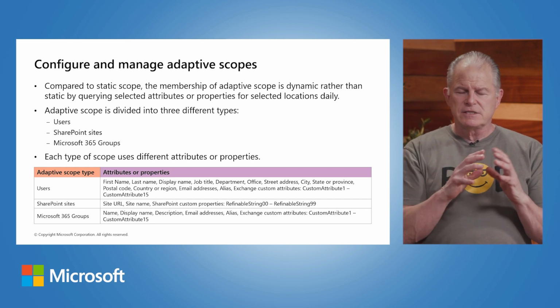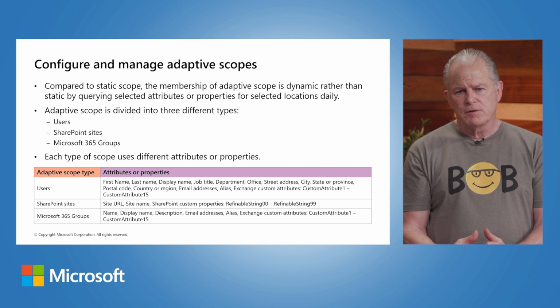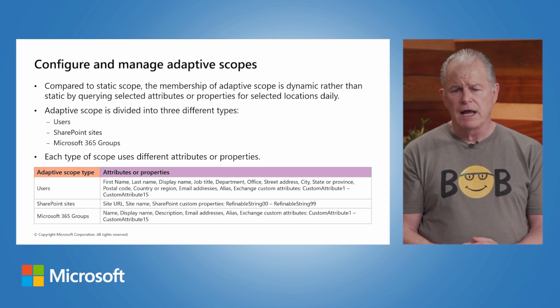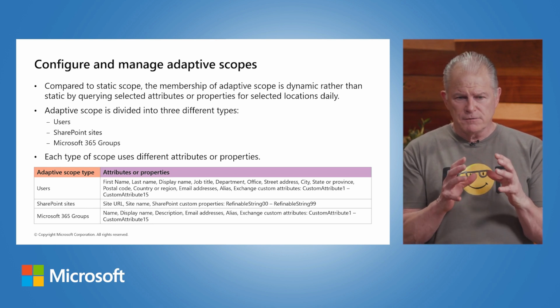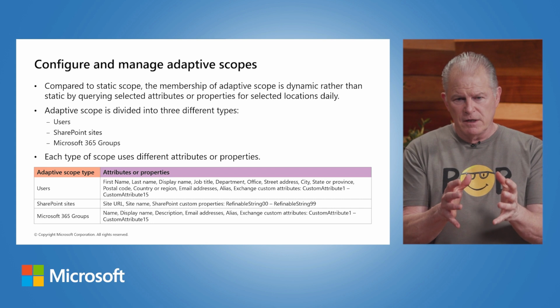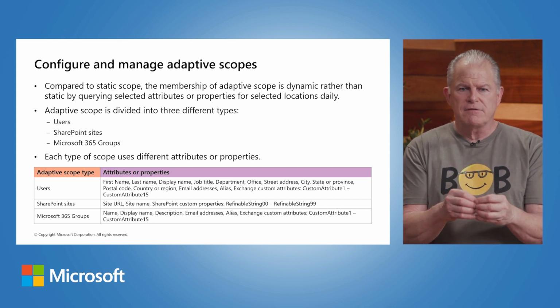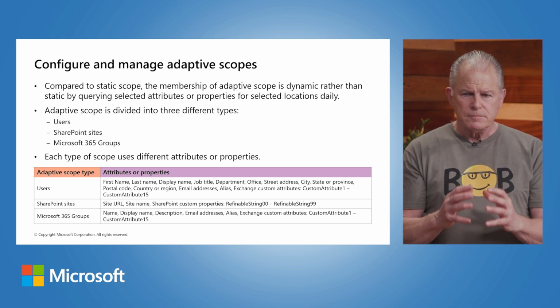Scopes talk about the sphere of influence that something might take place on. A scope becomes a range of objects that you deploy something to, like a policy or a label, and everything that falls inside of that scope would then have that label or policy applied to it.